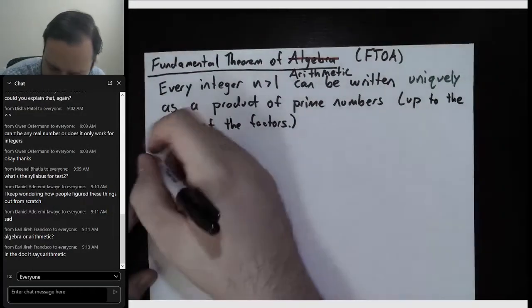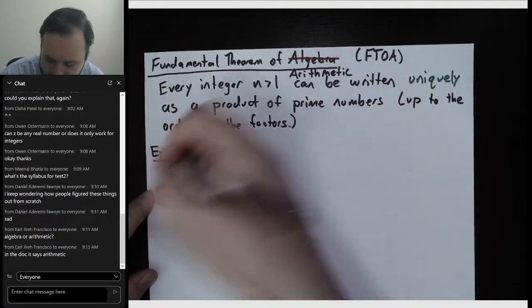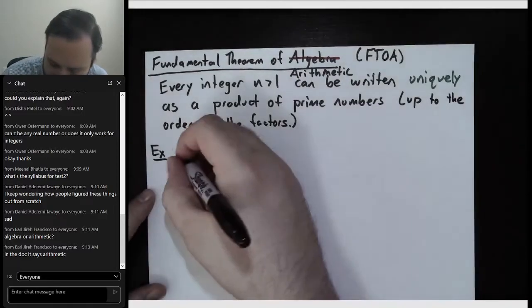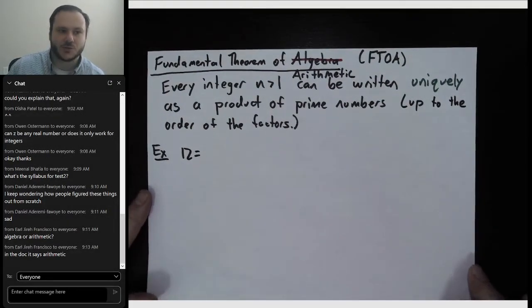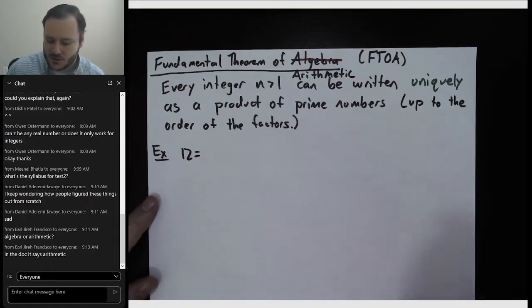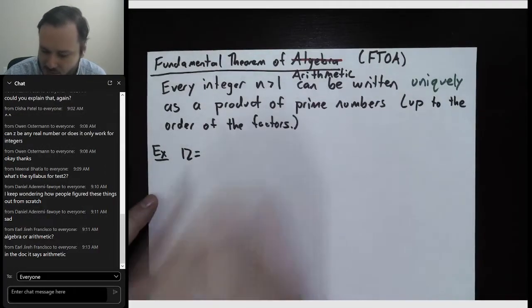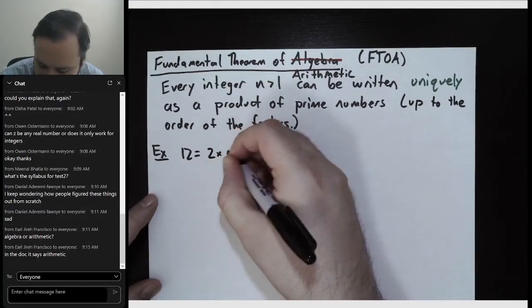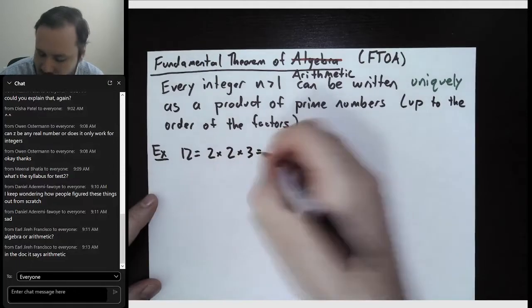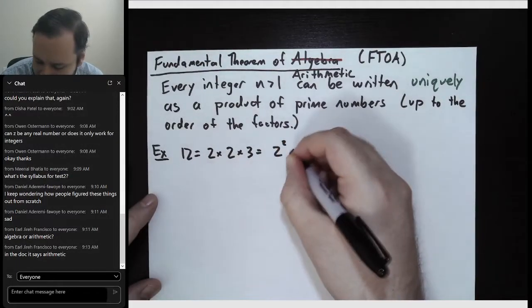Okay, so let's talk about some examples. 12: we're supposed to be able to factor 12 all the way. 12 is going to be 4 times 3, but 4 is going to be 2 times 2. So I have 2 times 2 times 3, or 2 squared times 3.